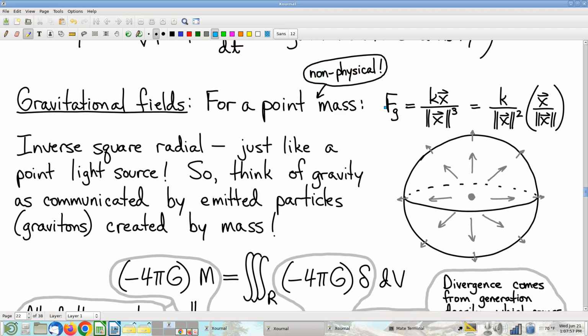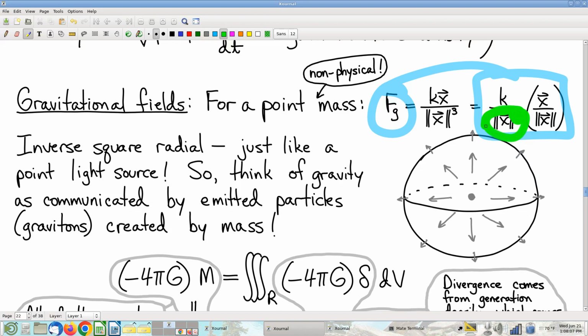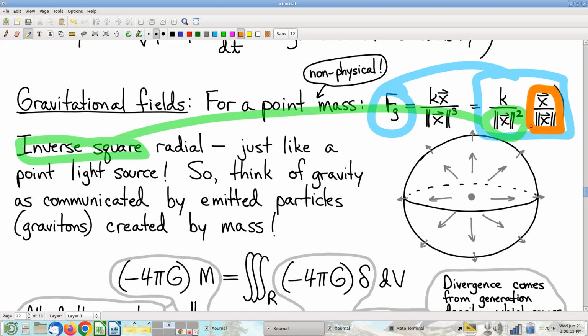And the formula for the gravitational field we saw previously, we write like this. And this is why we call it inverse square radial, right? Here's the inverse square part. And here's the radial part, because that's a unit vector pointing directly outward. Right? So inverse square radial, that's how gravitational fields work.